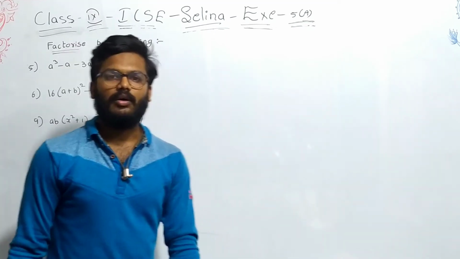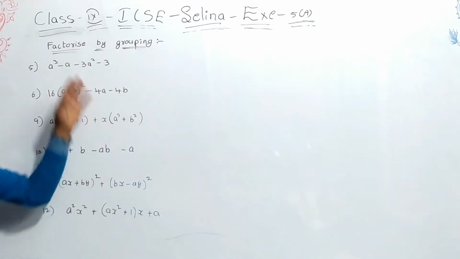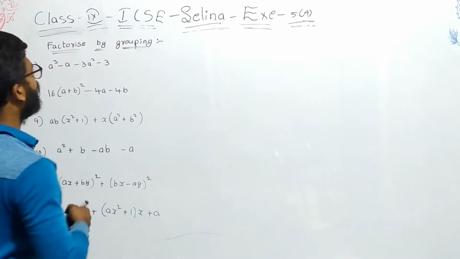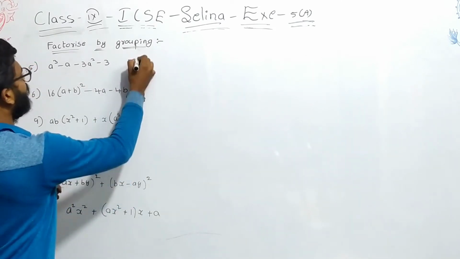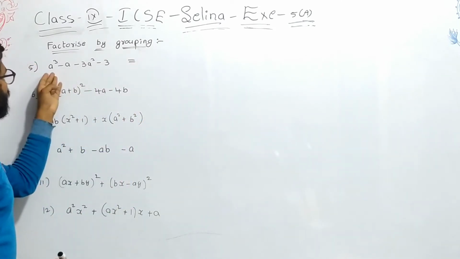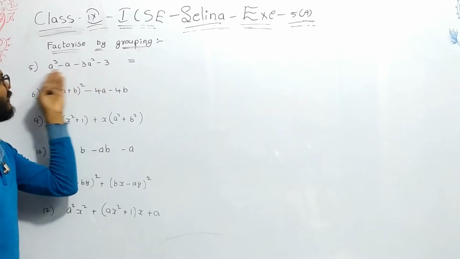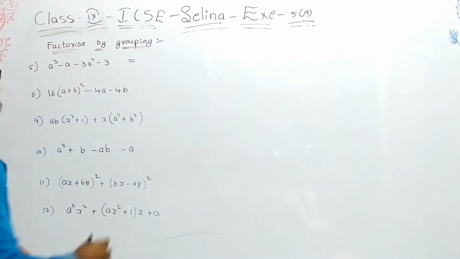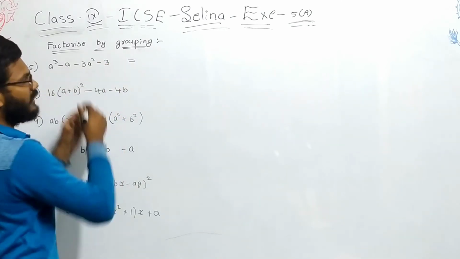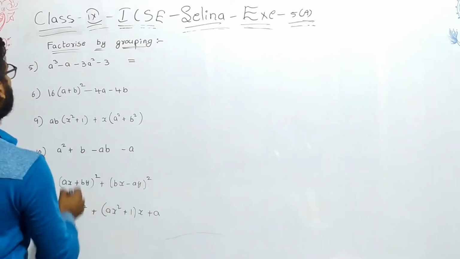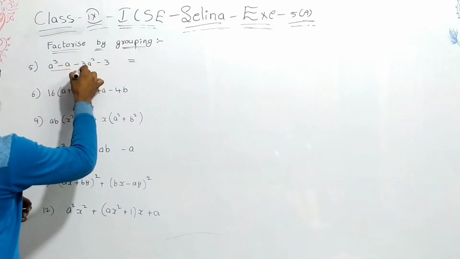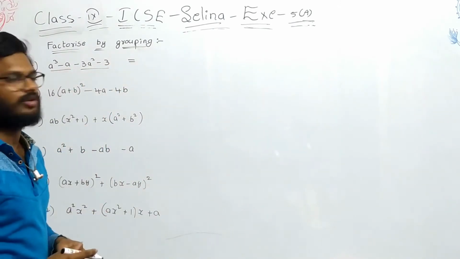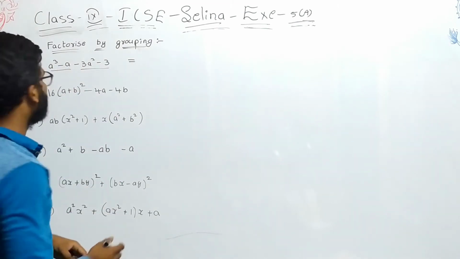Now, factorize by grouping. So, first, if you observe here, there is not any common factor for all the four terms, right? So, here we have to group them as two groups. See, if I make the first two and second two as two groups, in the first two, a is common.